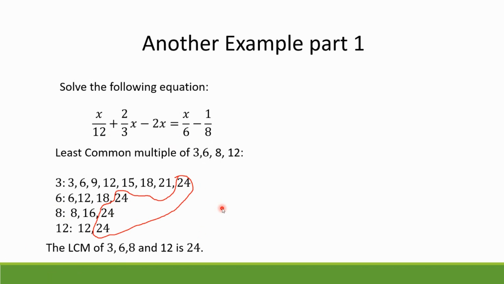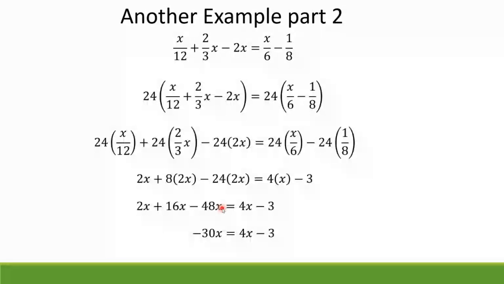Okay, what do we do next? Just like before, we're going to multiply both sides by 24. And then just like the previous example, we distribute.